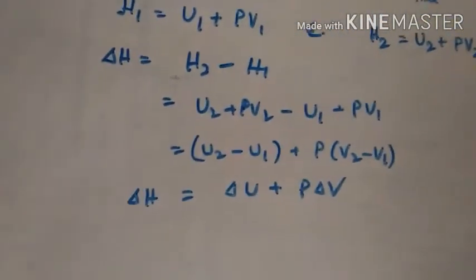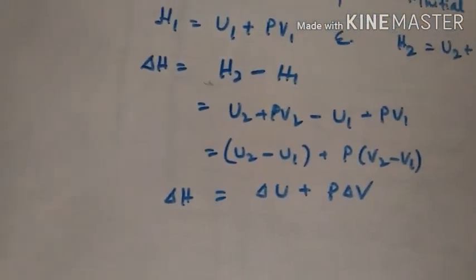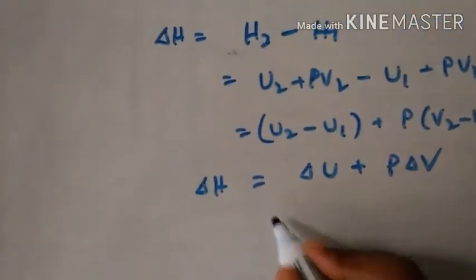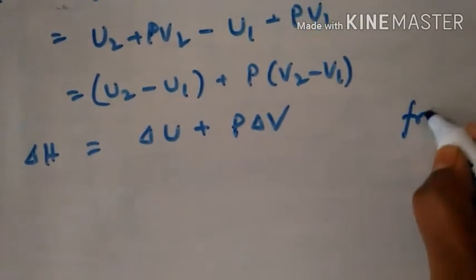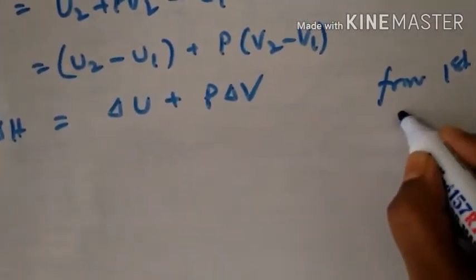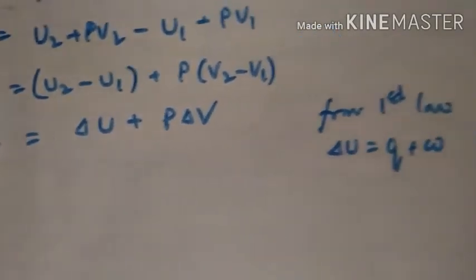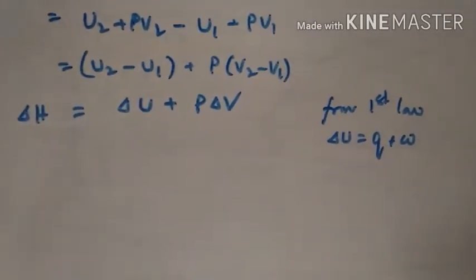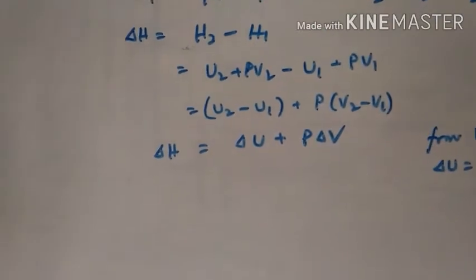Now since delta U equals Q plus W from the first law of thermodynamics, where Q is heat energy and W is work done, suppose only expansion is involved in this change.